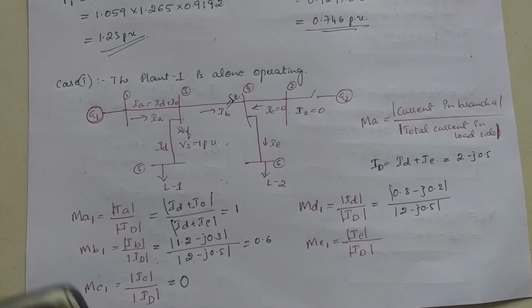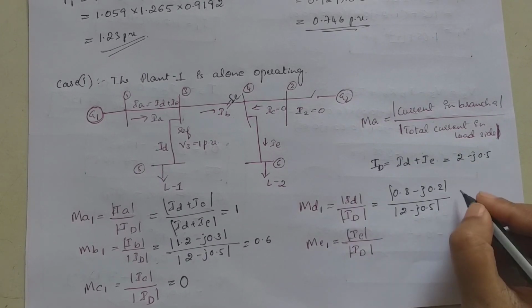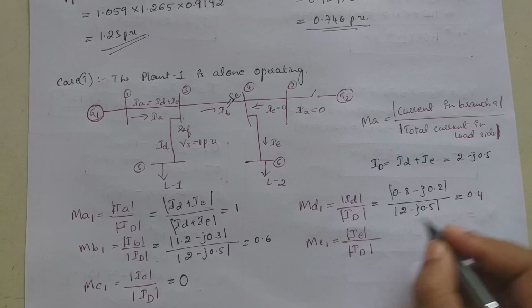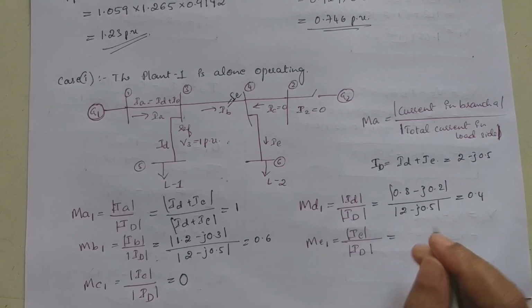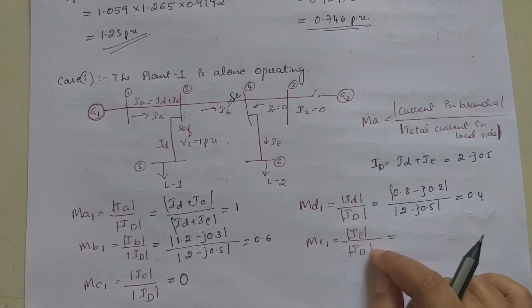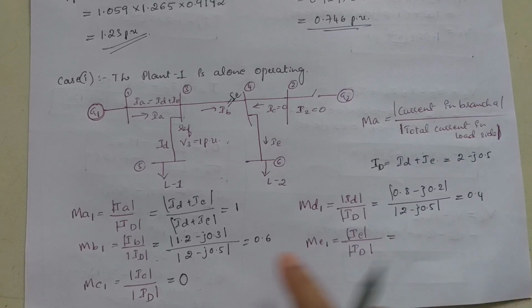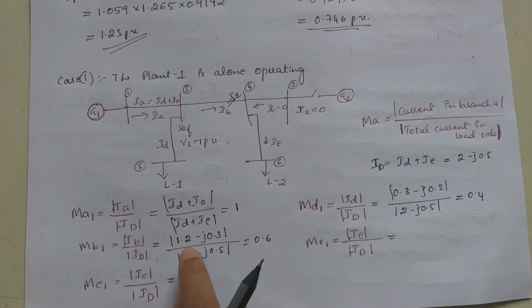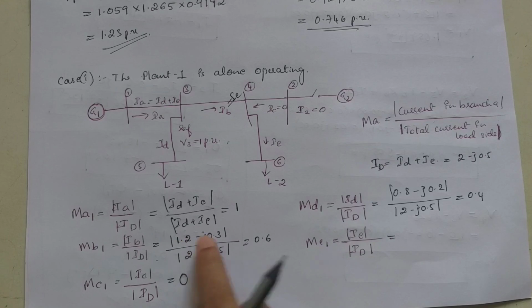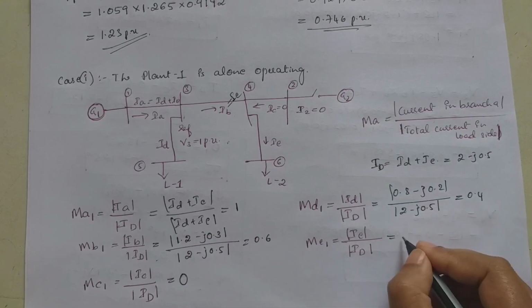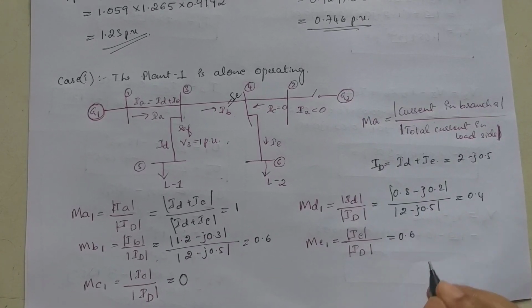So we get 0.4. ME1 is equal to IE divided by ID. We know that IB is equal to IE, therefore these two are the same, so we get 0.6.